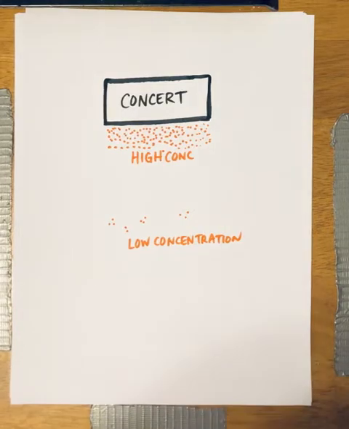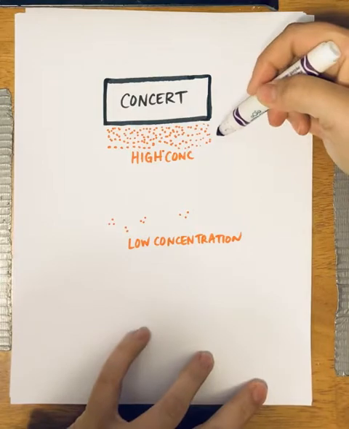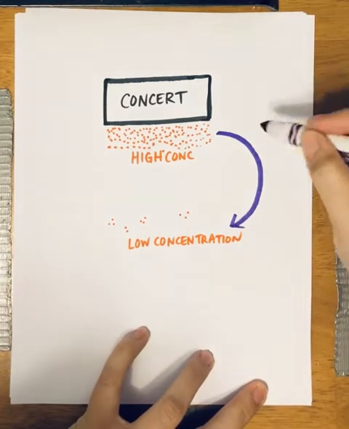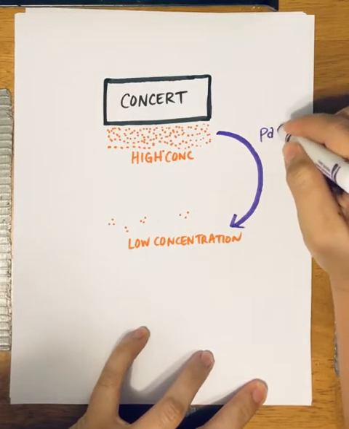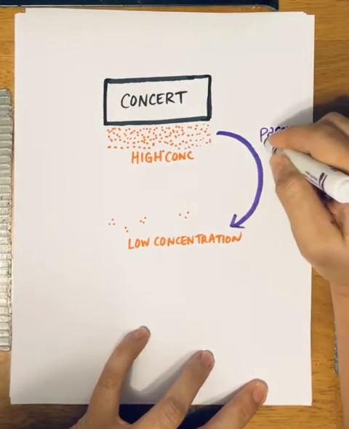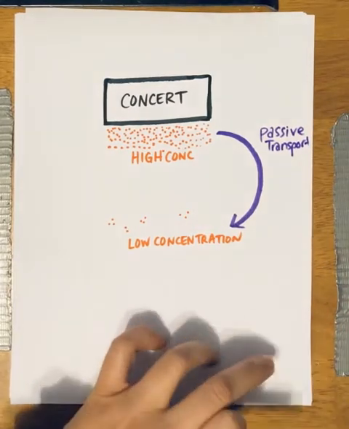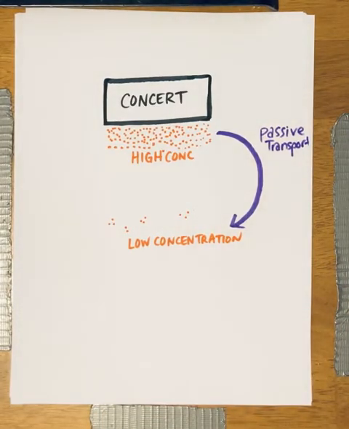Especially when you're on a test and you're trying to think about it really quick. When you move something from high concentration to low concentration, this is called passive transport. Now, there's another thing that they include in the definition of passive transport, which I have not taught you.